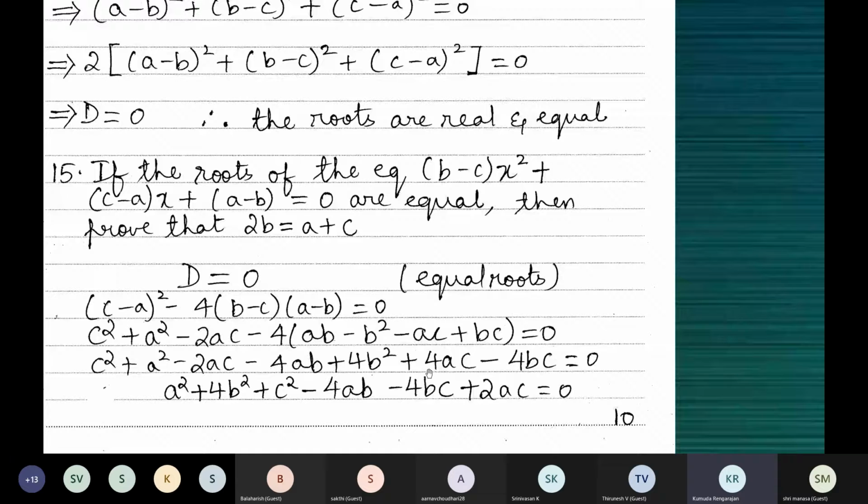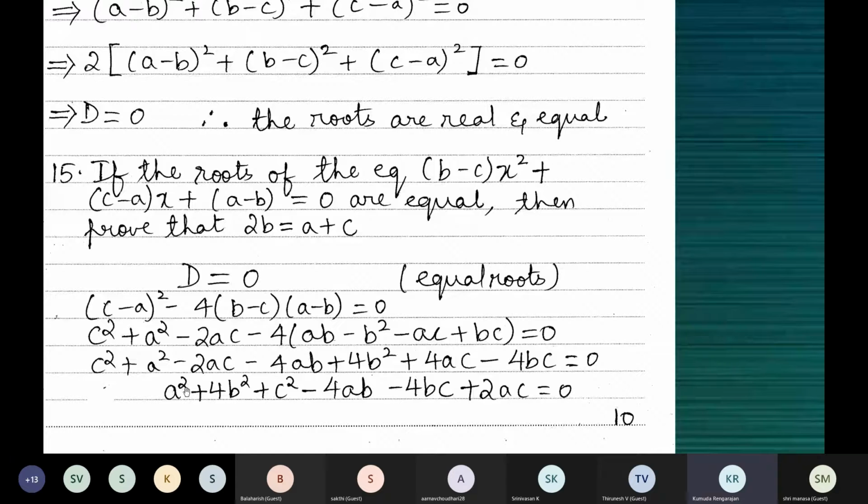So on simplifying this, we get 6 terms. 1, 2, 3, 4, 5, 6 terms. On simplifying this, b square minus 4ac, when you square this, multiply and all that, you get some terms. After simplifying, you have only 6 terms. Of these 6 terms, 3 terms are perfect squares.